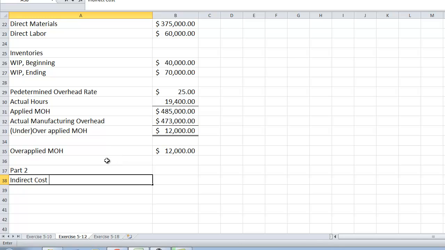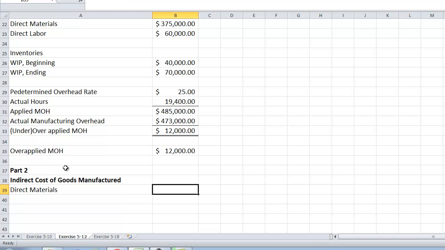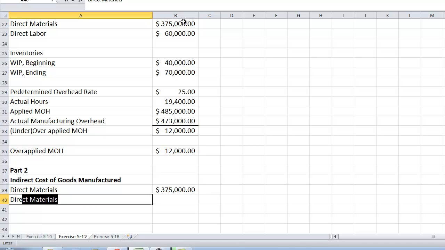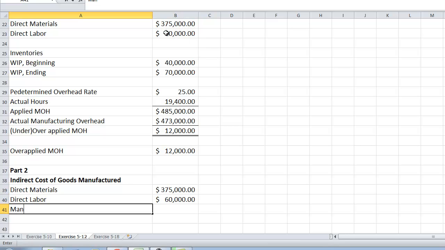All right. So now that we figured that out, we must complete the indirect cost of goods manufactured. So to calculate the cost of goods manufactured, first we're going to start with direct materials. And that is 375,000. That was already given. And then we have direct labor. And then we have manufacturing overhead.